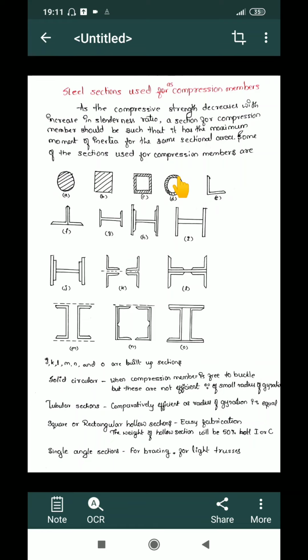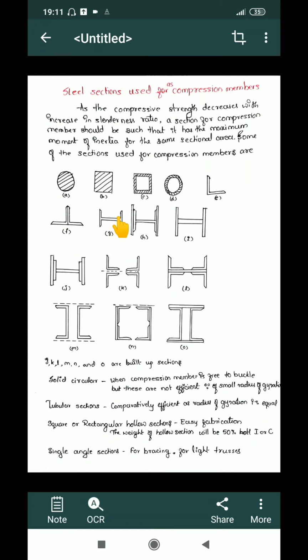These are preferable over an I section or a C section if loads are lighter. Angle sections, a single angle, can be used for lighter truss members. Double angles we can go for chord members like a top chord, bottom chord, or principal rafters.